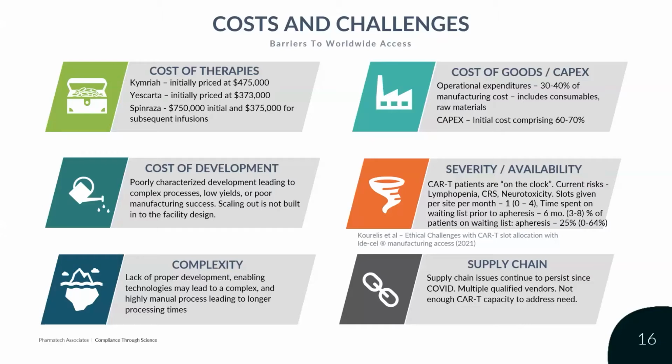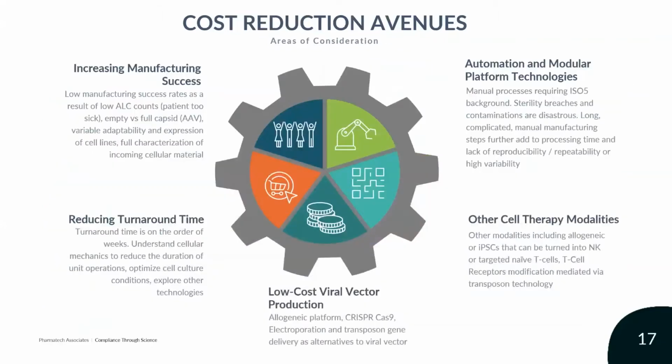So with that said, I'd like to introduce the 5 major pillars for today. You could call them parts of the cog here. And really what we're looking to do is, CAR T is plagued with low manufacturing success. I keep harping on this concept of progressed disease states. Well, one consequence of that is that patients can typically have low absolute lymphocyte counts, so low ALC counts.